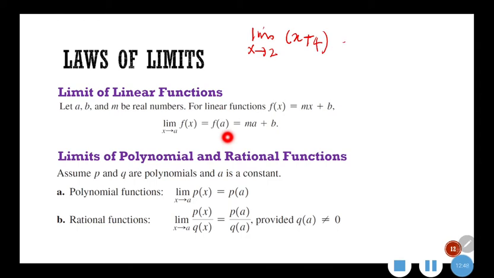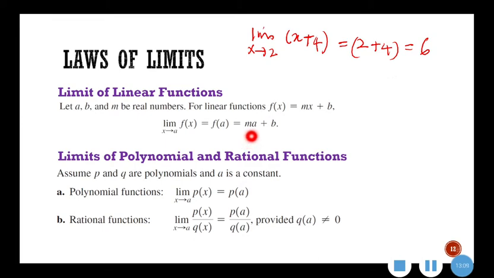So what you have to do to find this limit is very straightforward. It's going to be equal to 2 plus 4. Just replace x here with 2. Then you're going to have 2 plus 4 equals 6.